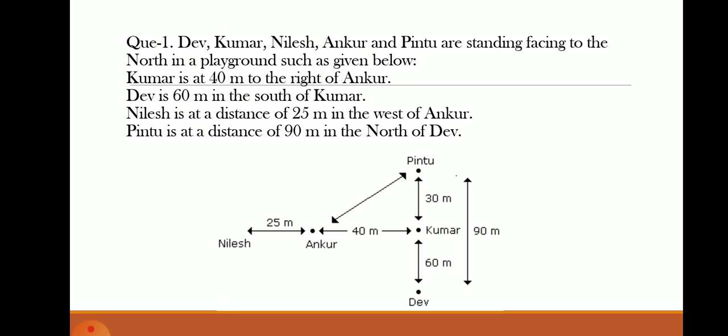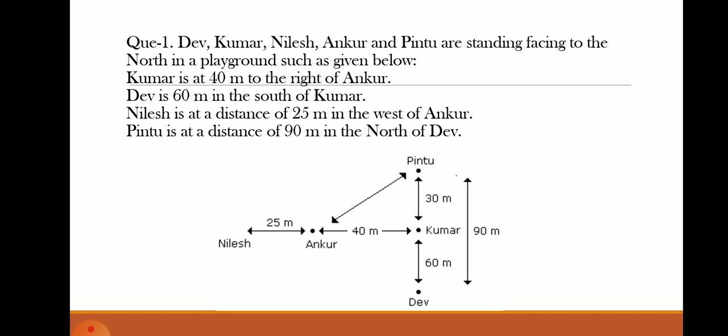Last sentence, Pintu is at a distance 90 meter in the north of Dev. So from Dev, that is from the bottommost person, 90 meter distance, that is 60 plus upward 30, total 90 meter distance Pintu is there. So like this, from the given data we have plotted the diagram in which we have placed all the persons.